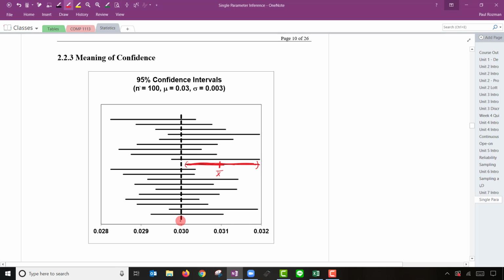And you'll see that it misses the mean of the whole population that the values came from. When I generated my 100 random values, they just happened to be high. Like I got 100 that were higher than usual. And that messed up my mean. And I missed. I came up with a confidence interval that did not contain the population value.